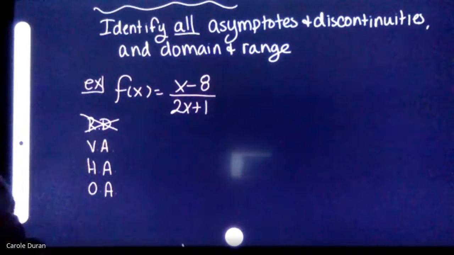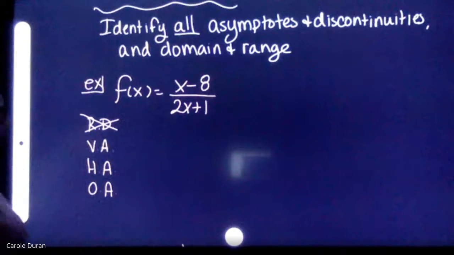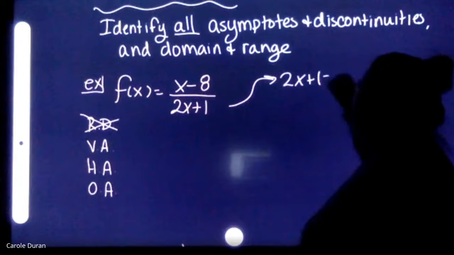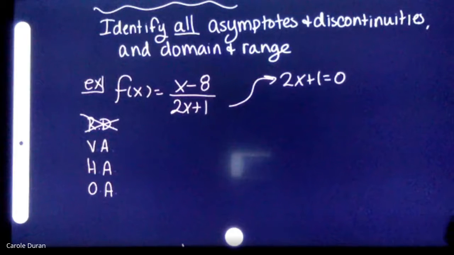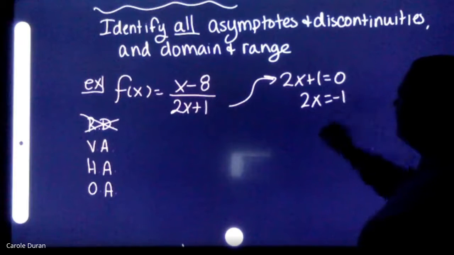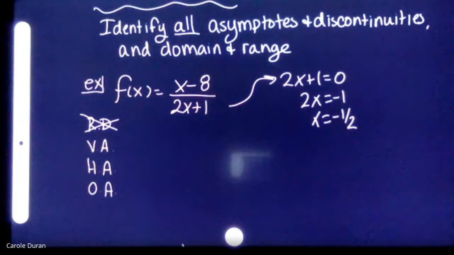Nope, denominator. A vertical asymptote exists when my denominator equals 0. So I'm going to take that 2x plus 1, set it equal to 0, and solve for x. First thing I do is subtract 1 over, and then I divide by 2. And I get a vertical asymptote at x equals negative 1/2.